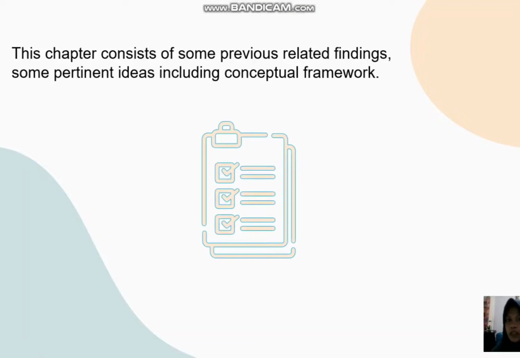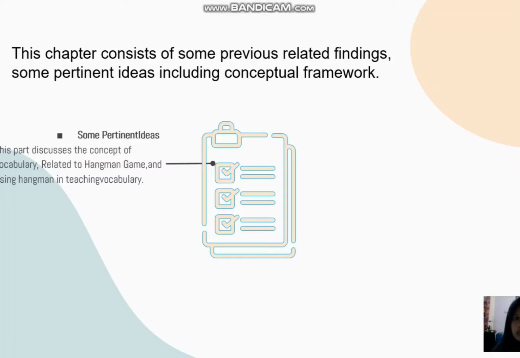This chapter consists of some previous related findings, some pertinent ideas including conceptual framework. This part discusses the concept of vocabulary related to Hangman game and using Hangman in teaching vocabulary.